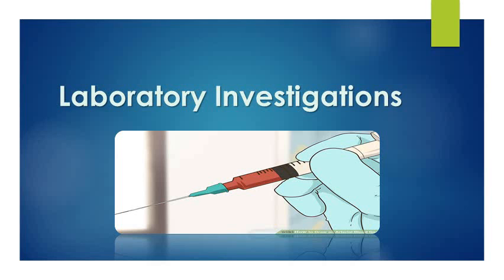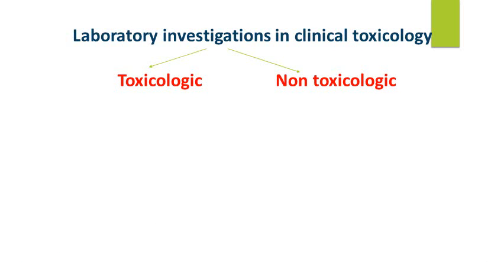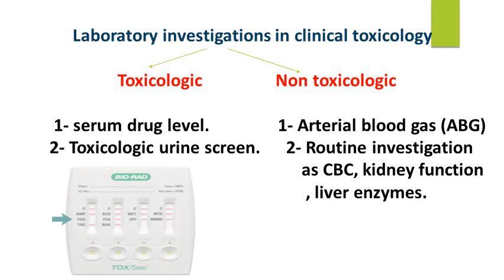Laboratory investigations. Laboratory investigations in clinical toxicology are either toxicological investigations or non-toxicological investigations. Toxicological investigations are like detection of drug level in serum, or urine screening to detect drugs of abuse in urine.